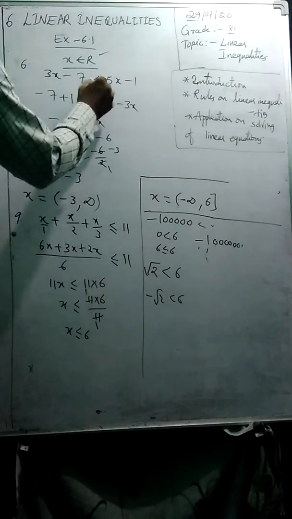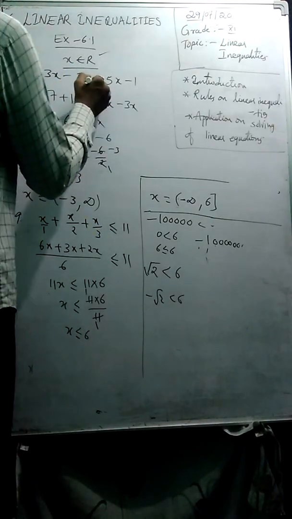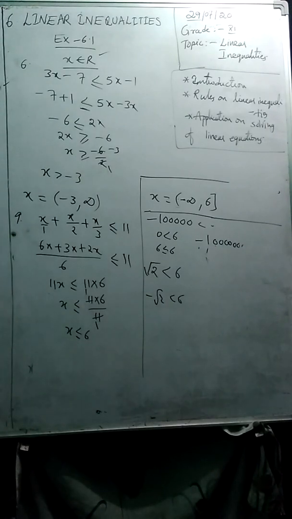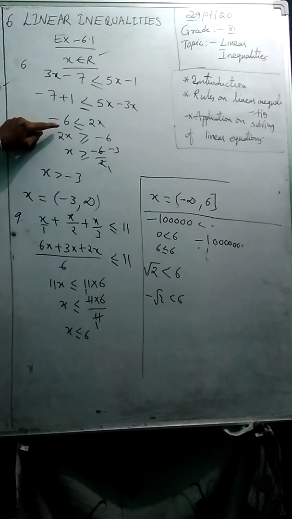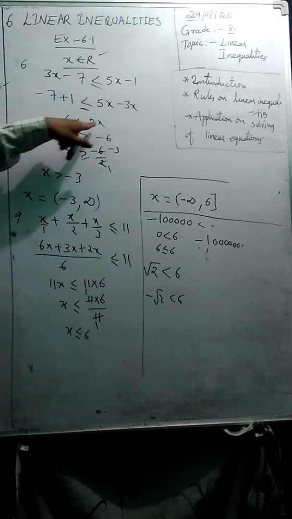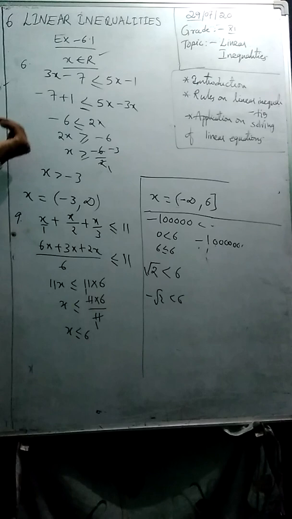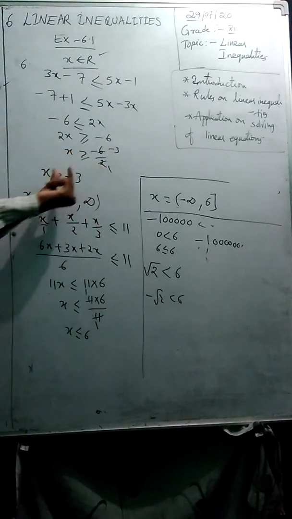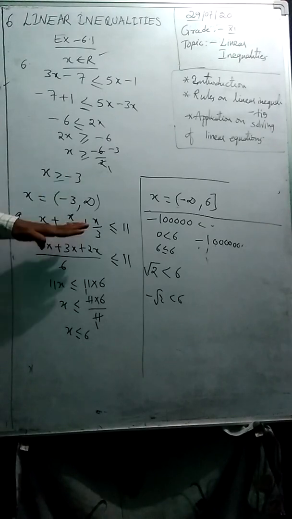When we multiply, minus 6 less than or equal to x, I wrote it reversely because I want to keep the variable x on the left side of the inequality. I got an inequality with less than or equal, which means included.